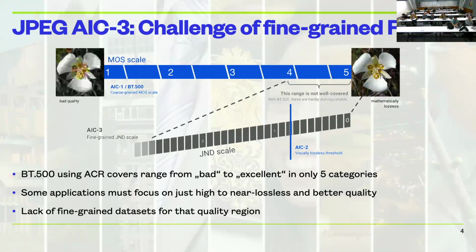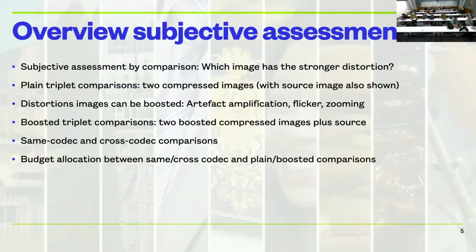So here's an overview of what I would like to talk about in the standard. We do subjective assessment not with a single stimulus, but with 2 stimuli or even 3, asking which of the 2 has a stronger distortion. We do this with plain triplet comparisons, where we show the original images. And then we also do this with boosted stimuli, where we amplify the differences between the 2 test stimuli to make it more accessible to the human visual system.